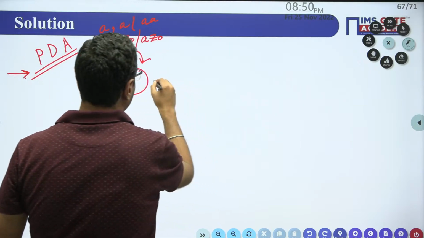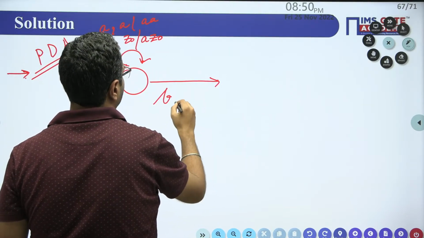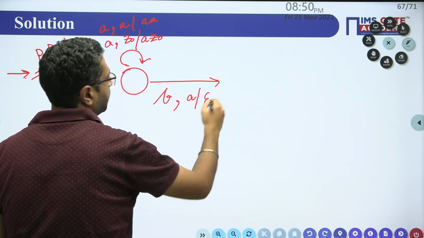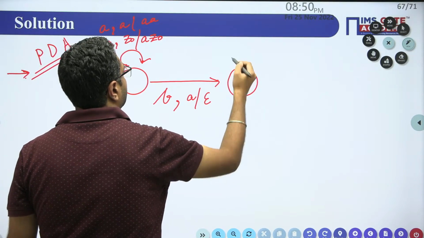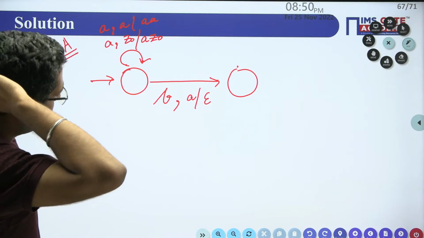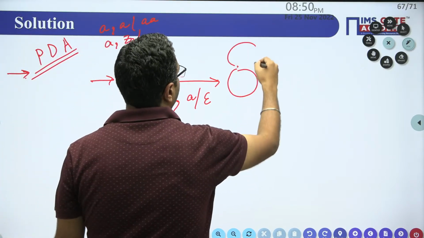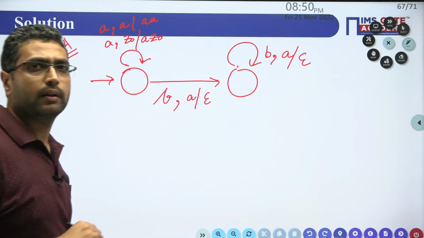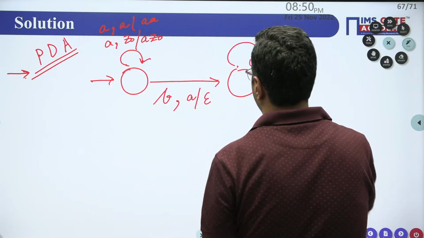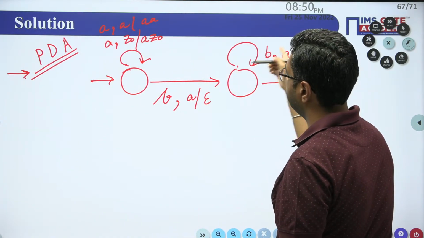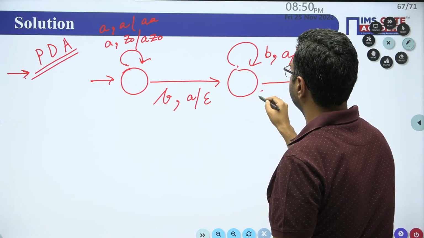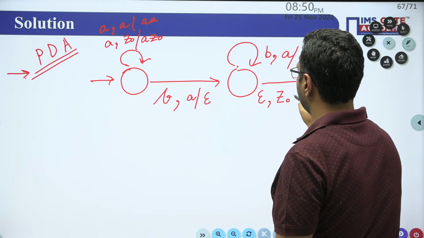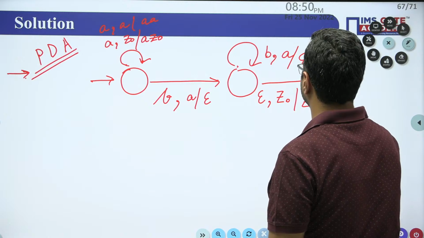Once you get a B, you will start popping. For B, A goes to epsilon. And if the B's keep on coming, you will keep on popping all the A's. And at the end of it, if all A's are popped, then you will have epsilon on the input and Z naught on the top of the stack. You will push back Z naught, and you will go to the final state.